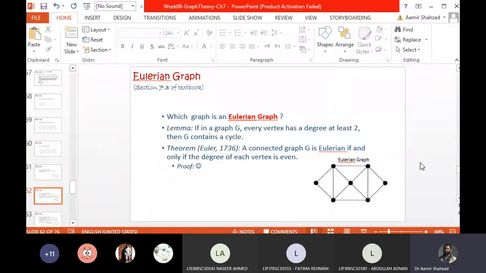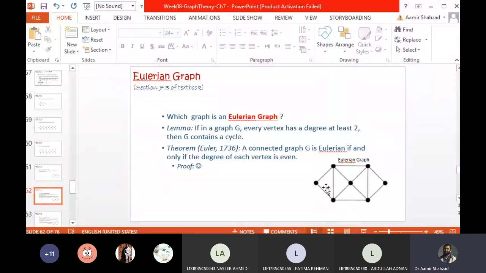So instead of bridges we now call them edges, and degree is how many edges come to the node. It's the degree of the node. So a connected graph G is Eulerian if and only if the degree of each vertex is even. The degree of every vertex should be even.